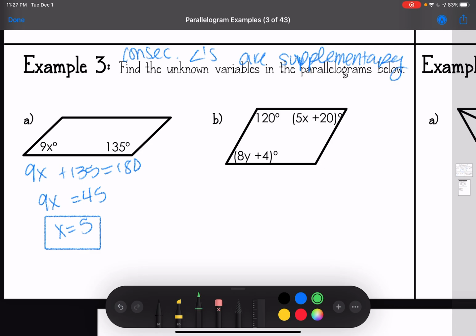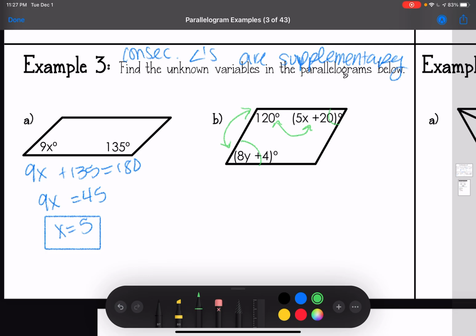So this one's a little bit different. We've got both an x and a y working out. So one way we could set it up would be this. We know that these two are congruent, but both of these are supplementary, as are both of these.